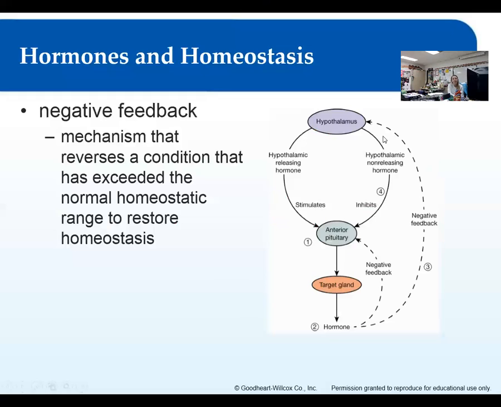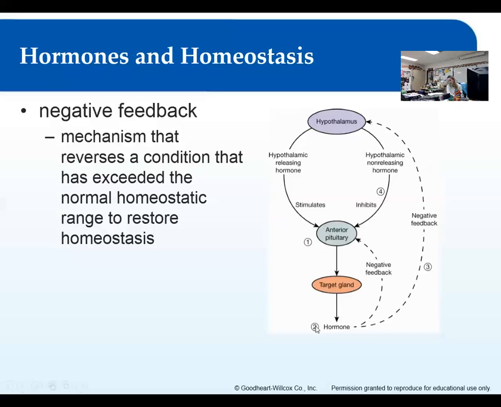Number one, the hypothalamus and the pituitary gland direct the target gland to release its hormone. So the hypothalamus releases a hormone, stimulates the anterior pituitary, which then sends a hormone to the target gland, the thyroid for example, and tells it to release its hormone depending on what the issue is.